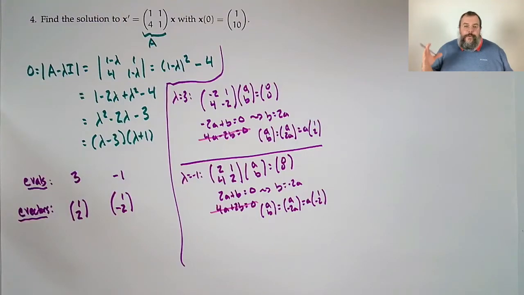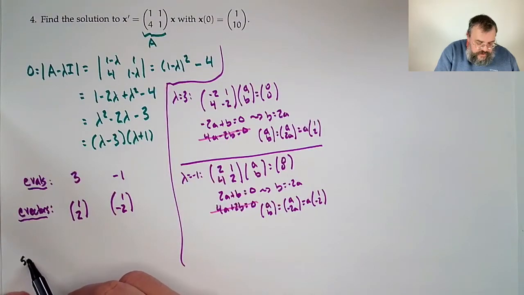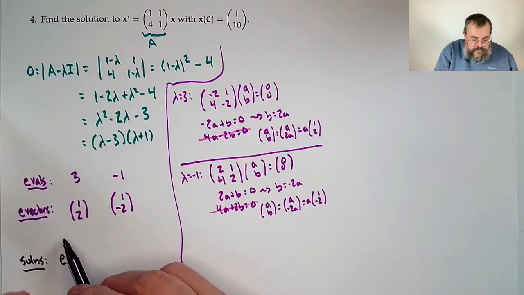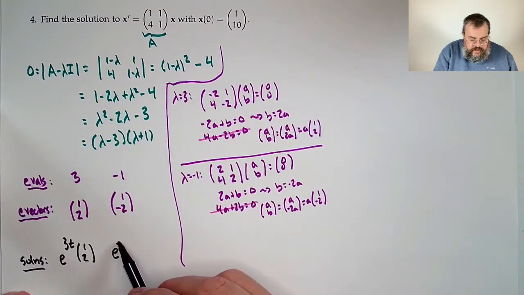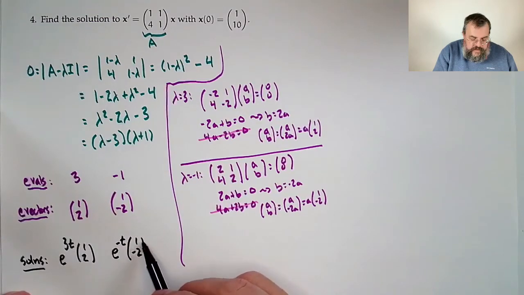Now, why do we do all this? Well, the reason we do all this is because we know that we can make good solutions. In fact, we have the following. Once we have eigenvalues and eigenvectors, we get solutions. And the way we get it is e to the eigenvalue times your time, times your eigenvector.